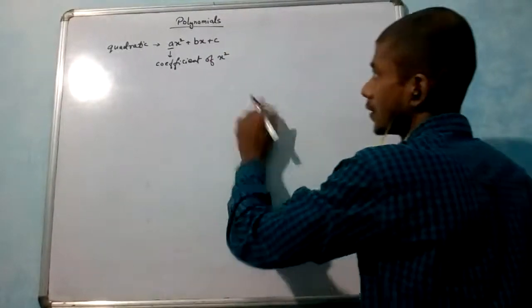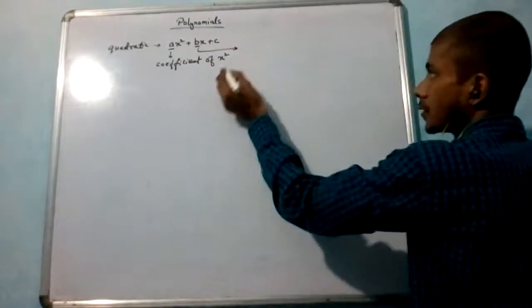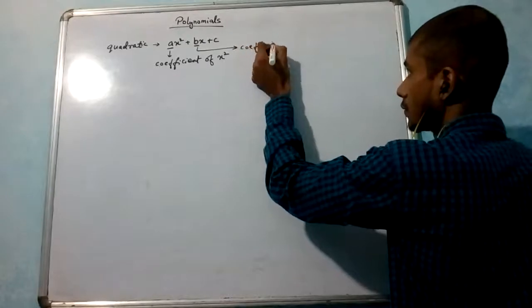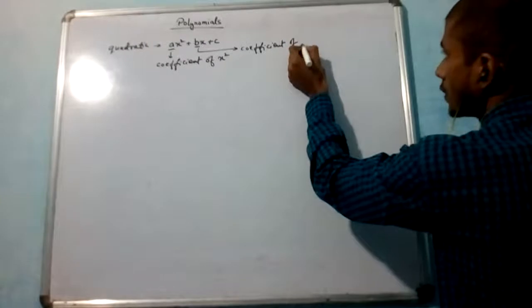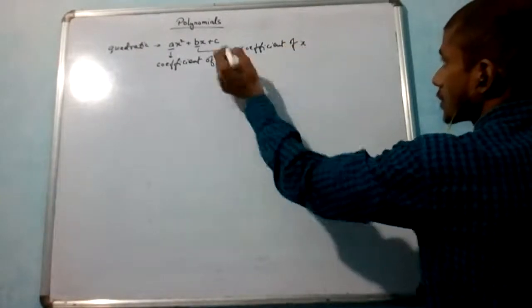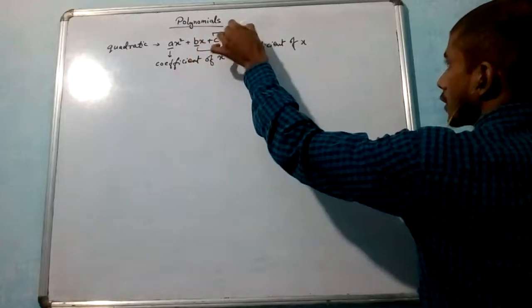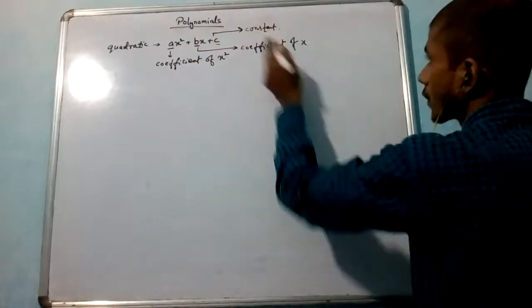Okay. In this, what is b? Coefficient of x. Okay. And what is c? This is called the constant. Okay.